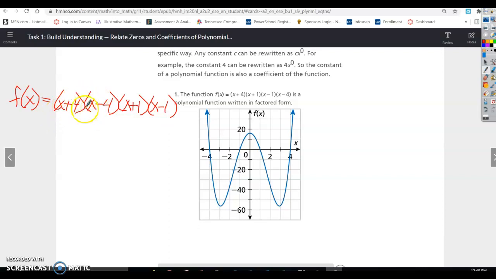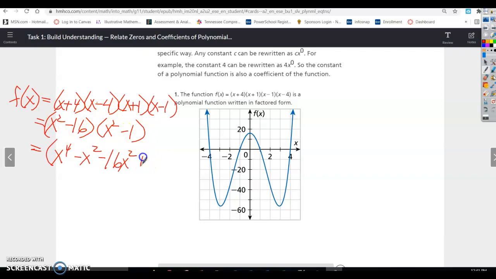And then to multiply these two, I've got x squared. -4x plus 4x cancel and give me -16. So the middle terms cancel there. And then for this one, same thing. I've got x squared. Minus x and plus x cancel, and I've got -1 on the end. Now I have to multiply these two binomials. x squared times x squared is x to the 4th, minus 1x squared, minus 16x squared, and then plus 16 on the end.